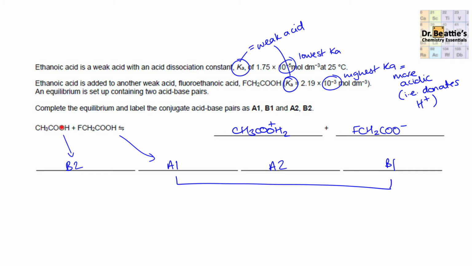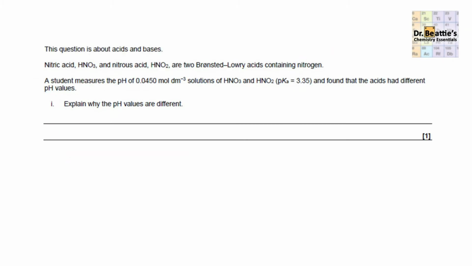Because this is less acidic, because it's a lower Ka, this one is going to actually take the hydrogen that comes from here, and you can see this in this form here. So this is acting as a base on this side to pick up a hydrogen, whereas on this side they're also a pair. If you lose that hydrogen, then it forms the ethanoic acid.